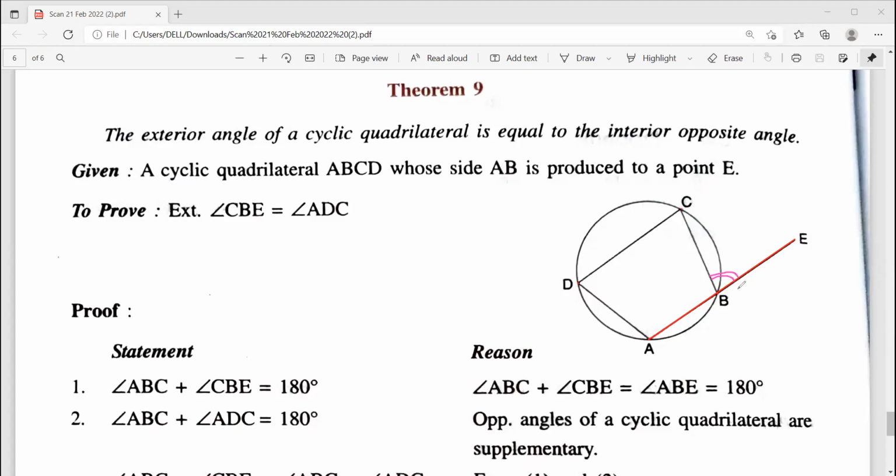The theorem says the exterior angle of a cyclic quadrilateral is equal to the interior opposite angle. The interior opposite to this exterior angle will be this one, angle ADC. So angle CBE will be equal to angle ADC.